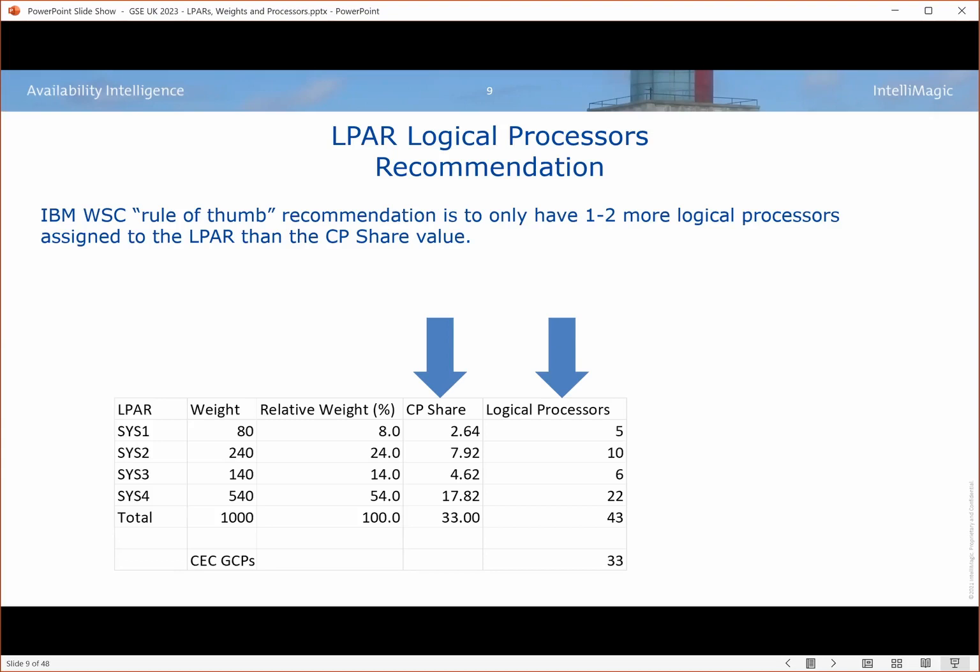And it's 1 or 2, it's a little bit more than that. Sometimes I see LPAR definitions where customers have defined very, very many logical processes in the hope that more is better. That's not the case. So be aware of that. Look at that CP share, and we'll show you how to look at that value, and then look at the number of logical processes you've defined related to the CP share value.